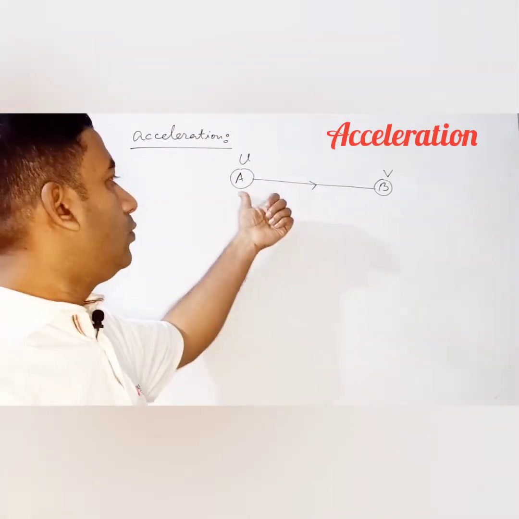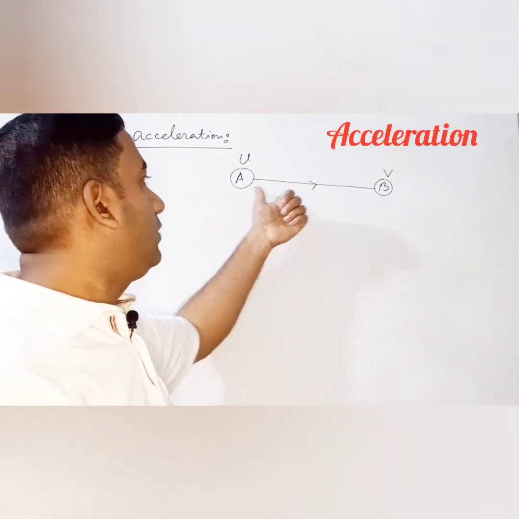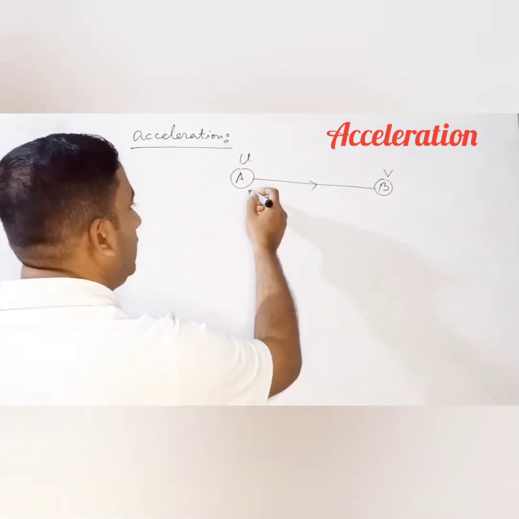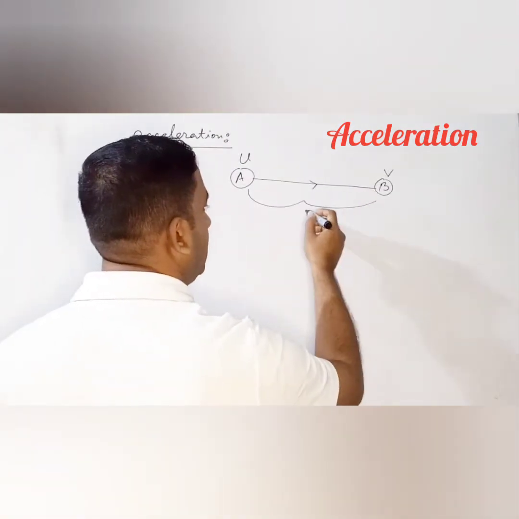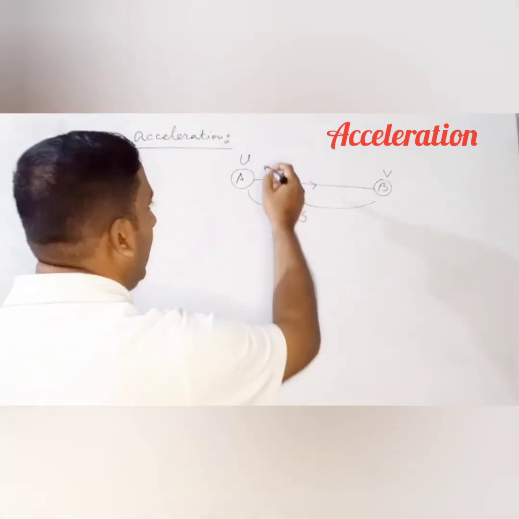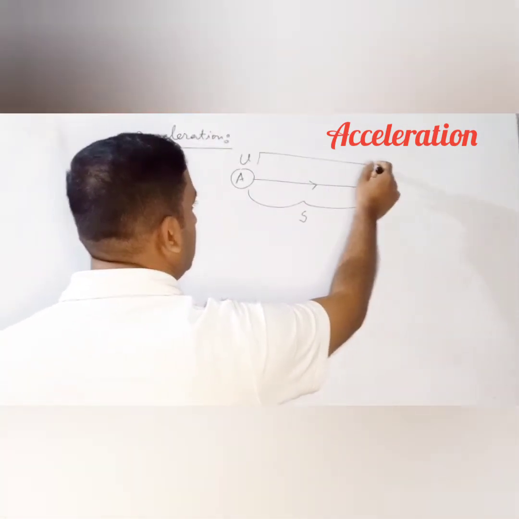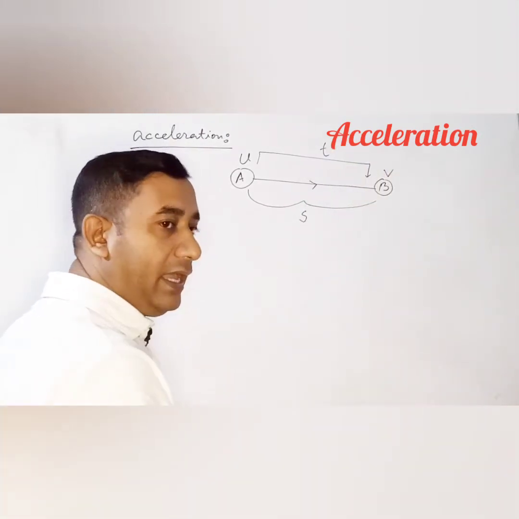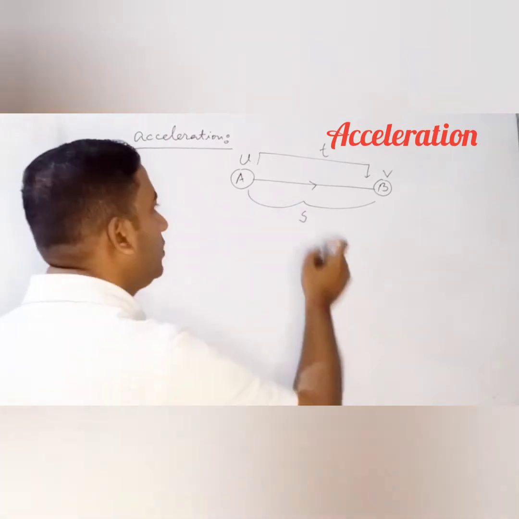The object is moving from A to B. In this time, it will cover displacement S. S is the displacement, and it needs a time t. And the uniform acceleration is a.